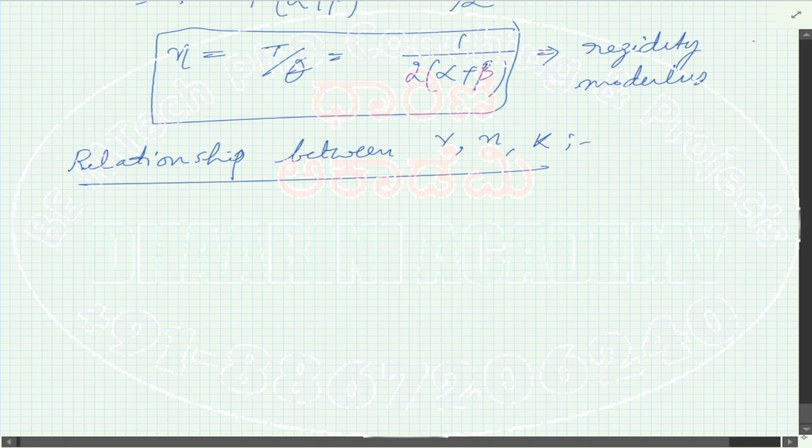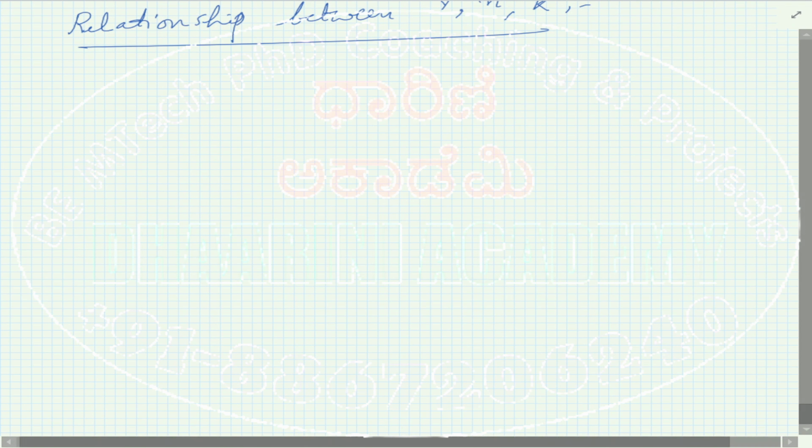Now let us try to write the equations of each of them. Let's denote K. What is K? K is equal to, just now we have derived, 1 divided by 3 times alpha minus 2 times beta.